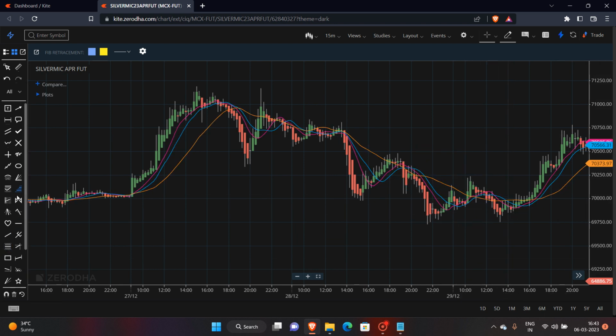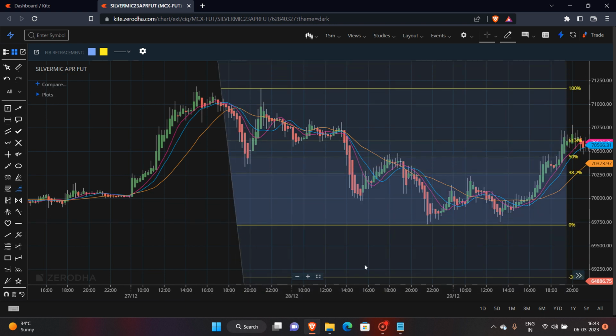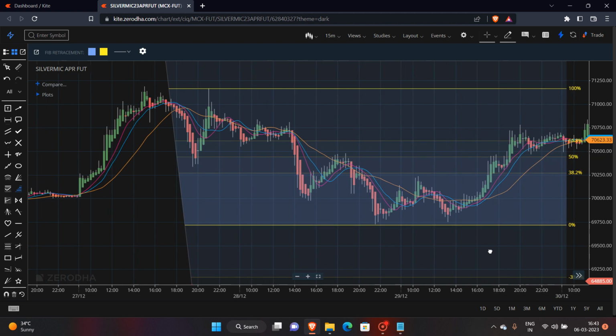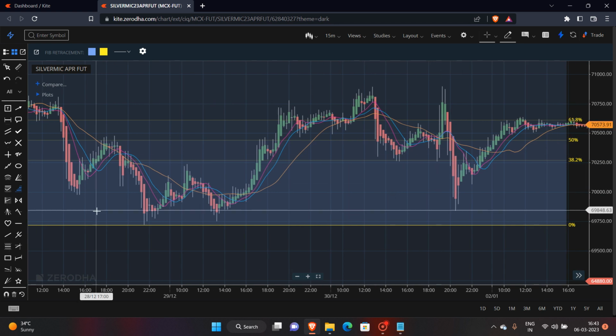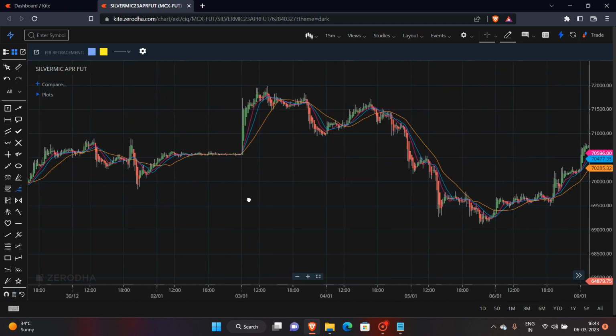And till where it can go, where you can give your target, that also you can decide. So till 61 you can be in the trade. See, again it's going to make the pattern, and likewise it will keep on going. So that is how the Fibonacci works and makes the pattern.